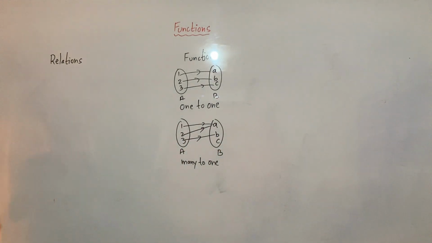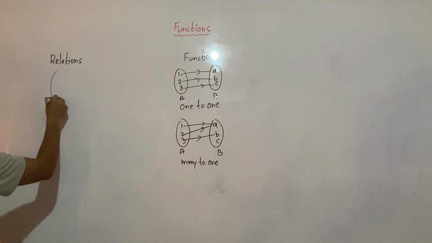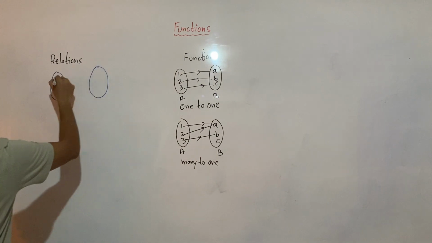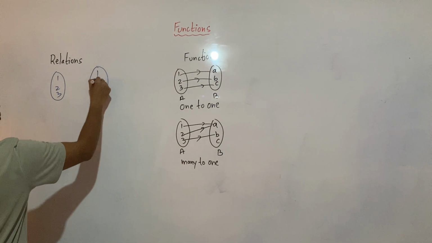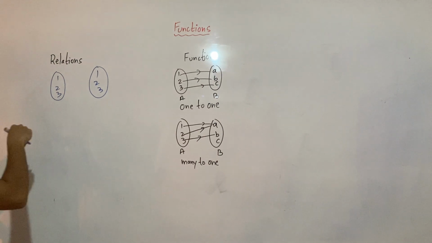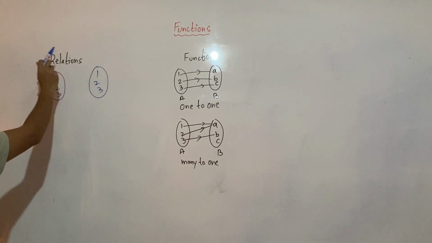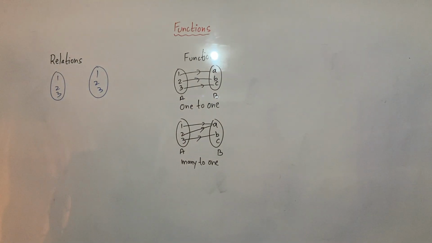But for relations, here it could be 1, 2, 3 and 1, 2, 3, and it could be one to many.